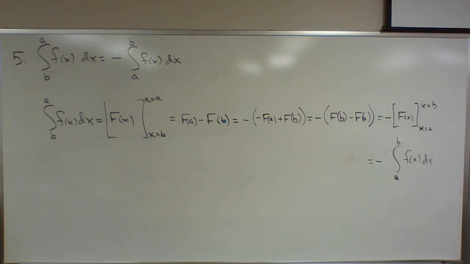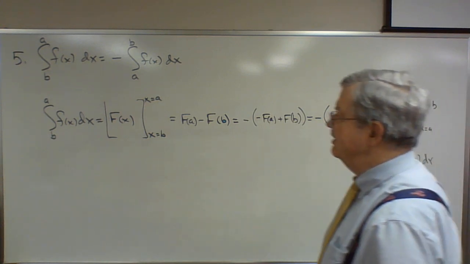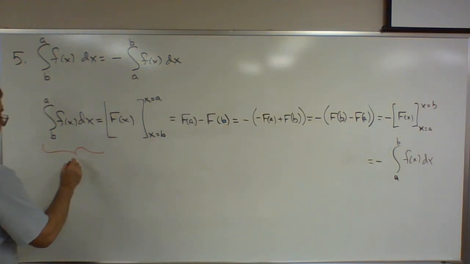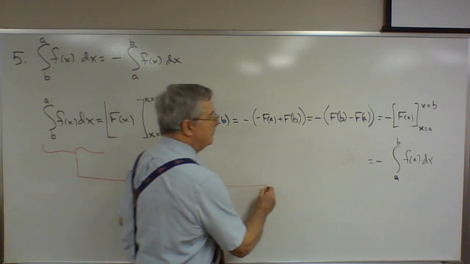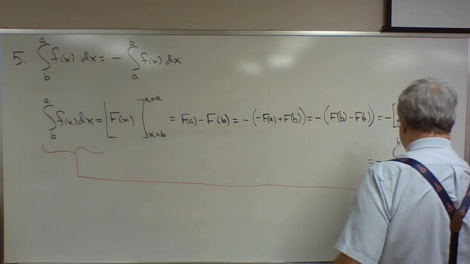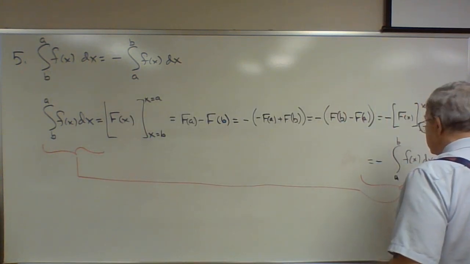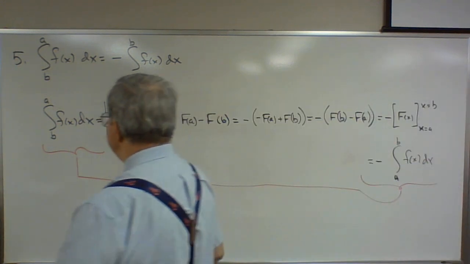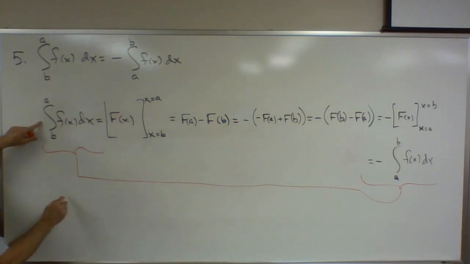Well, where did we start and where did we finish? We started here. We ended up here. And we showed that this thing, the integral from a to b of f of x, I'm sorry, I'm cutting my own throat here.